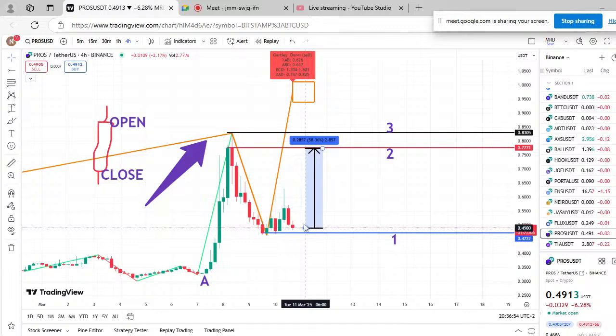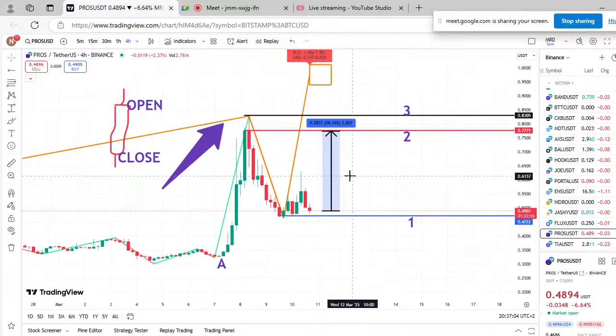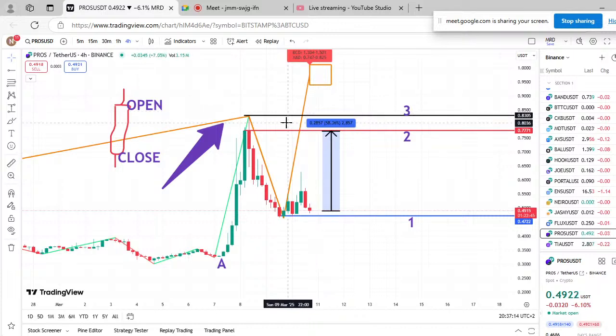So when you enter here, you are looking at 58%. But remember, don't forget to start small. Don't put $500 here because the indicator is predicting that the market is going this side.